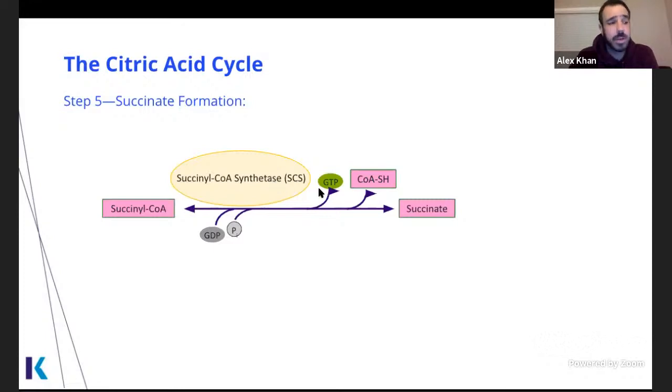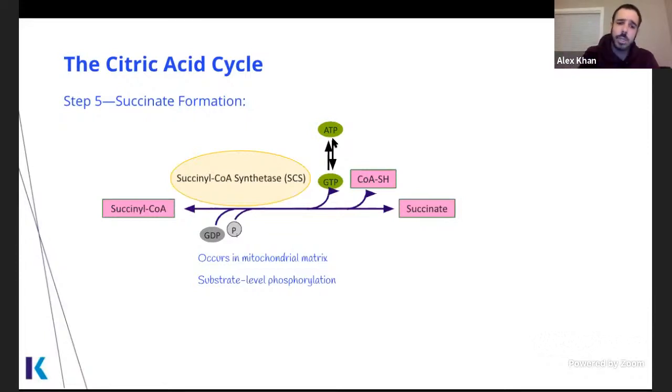GTP from a metabolic standpoint is pretty much counted as an ATP because one thing that happens after this gets made, once again, substrate level phosphorylation, is it gets turned into ATP. There's another little enzyme called, I think, nucleoside diphosphate kinase, that converts the GTP that we make into ATP. So we throw it into the pile of energy that is extracted from our initial glucose molecule.